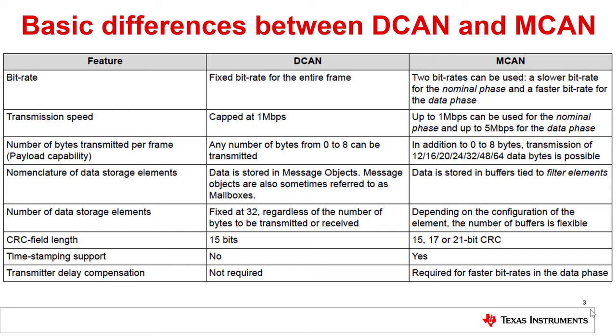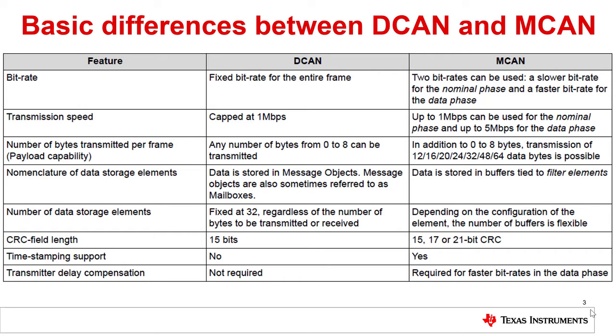In terms of the communication speed, DCAN is capped at 1 Mbps, whereas MCAN is able to support up to 5 Mbps for the data phase. In terms of payload size, up to 64 bytes can be transmitted in a single CAN-FD frame compared to only 8 bytes for classic CAN. The higher payload size for CAN-FD reduces the protocol overhead and is equally beneficial in scenarios such as firmware updates.